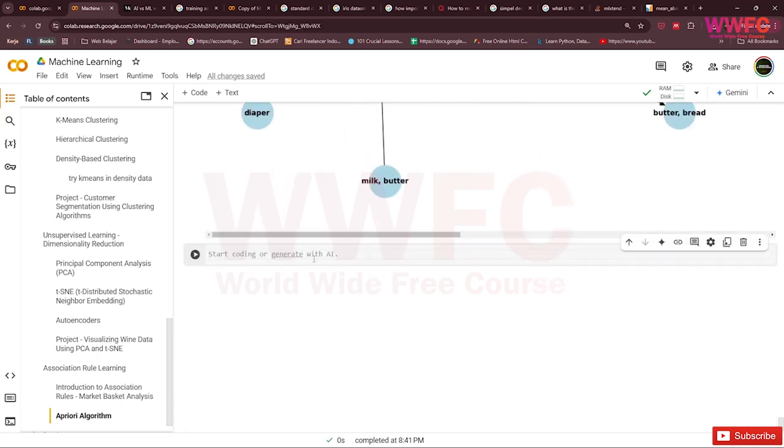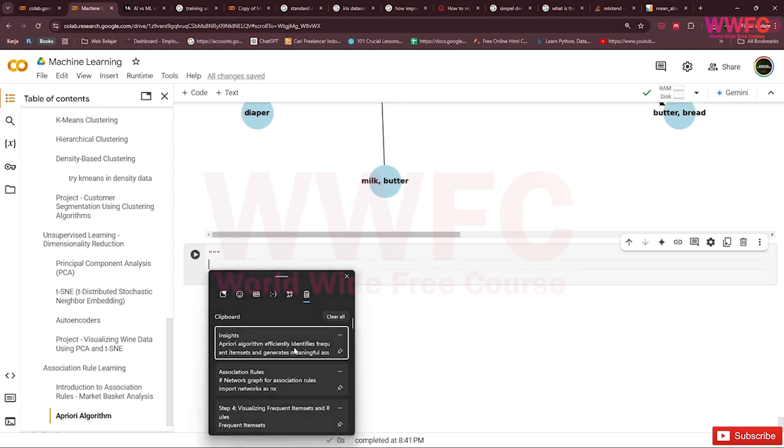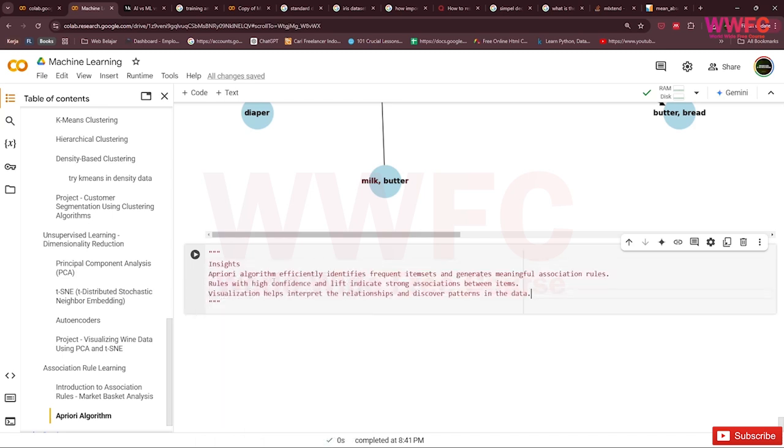So we want to make the conclusion. The Apriori algorithm efficiently identifies frequent item sets and generates meaningful association rules. Rules with high confidence and lift indicate strong association between items. Visualization helps interpret the relationships and discover patterns in the data.